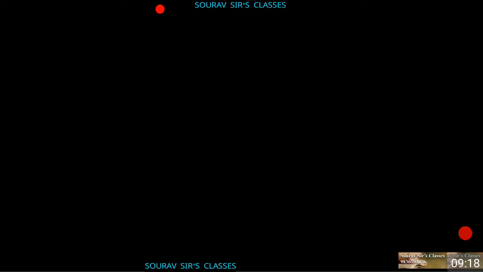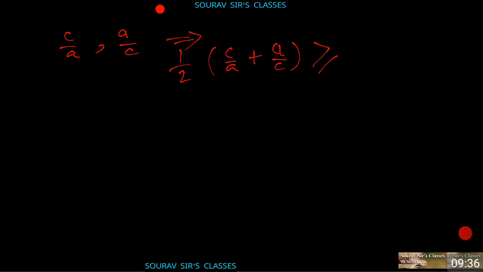Now we take the third pair, that is c/a and a/c. Putting this in the AM-GM inequality of two numbers, we get half of (c/a + a/c) is always greater than or equal to root over (c/a into a/c). Students, as we see, the right hand side of every inequality comes out to be 1.